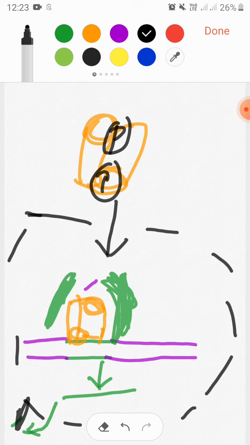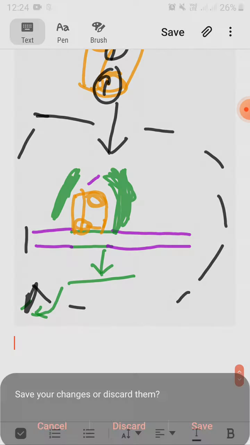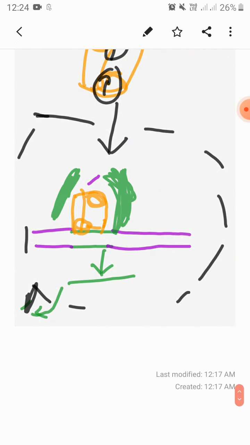For example, this is the protein. For example, the hormone prolactin binds with the cytokine receptor, which I showed you in the first slide. Let me share the slide again.